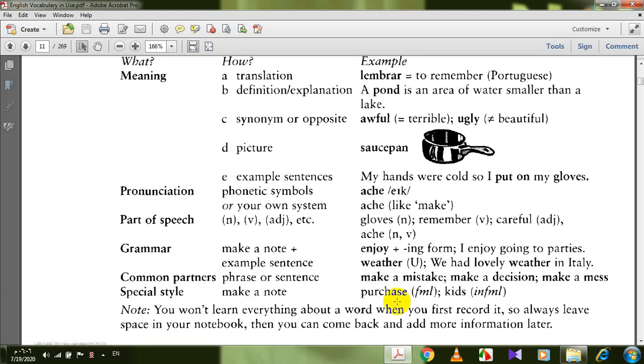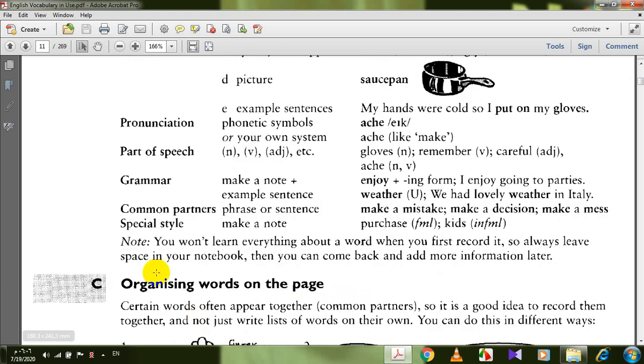Special style, like formal and informal. So it is a good idea if you write the word and next to it write, for example, purchase, formal, and the informal one is kids. Note: you won't learn everything about a word when you first record it, so always leave space in your notebook.